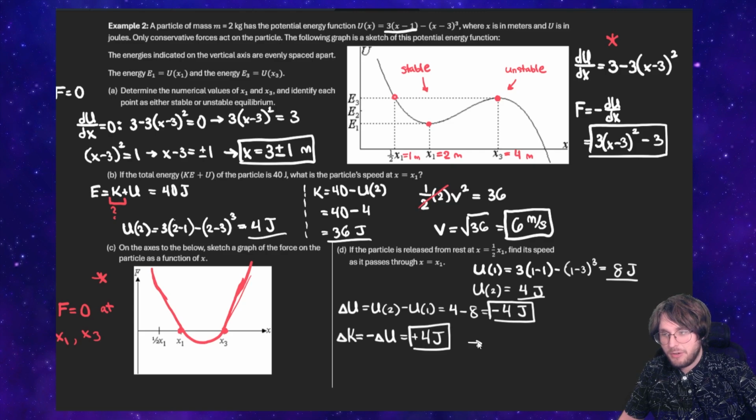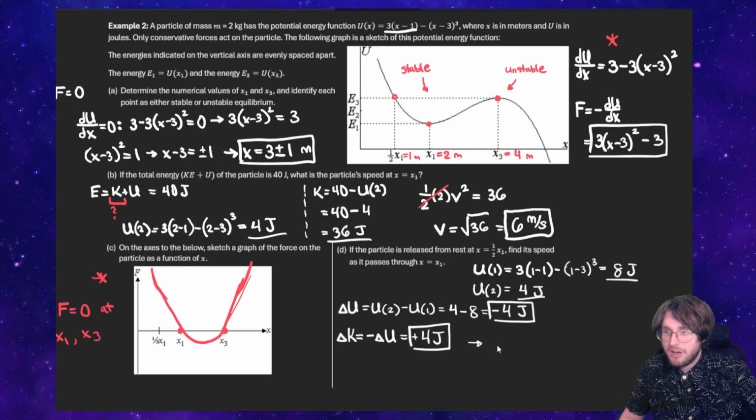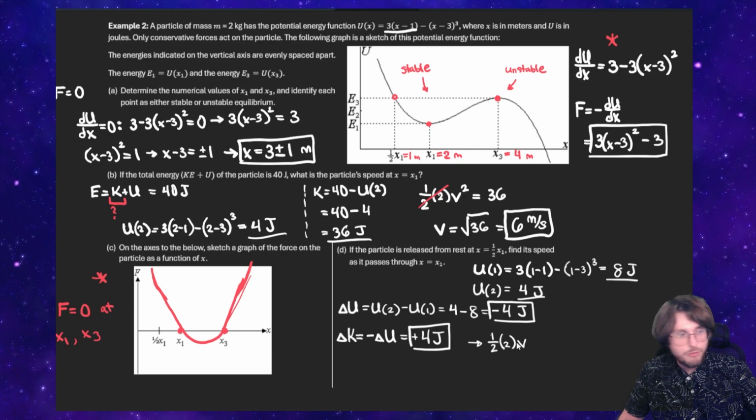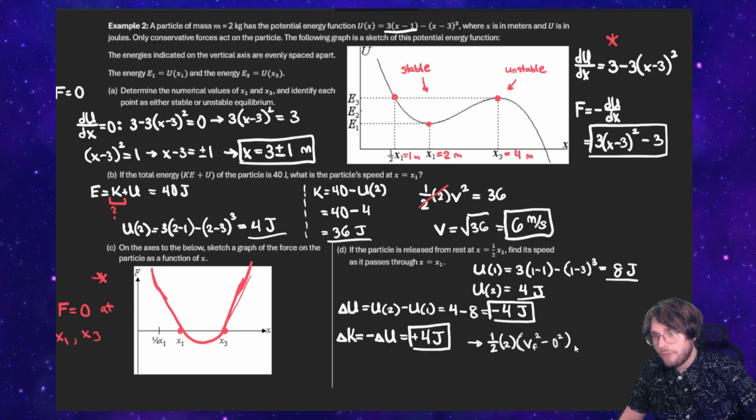Now at this point, we just need to solve for the velocity. So again, like we did back up here, the kinetic energy can be expressed as 1/2 mv squared. So our mass m is 2 kilograms, and we're solving for final velocity. I guess here we'll note it's vf squared minus v initial squared, and because it's starting from rest, we can claim that that is 0 for our initial velocity, and all of that is equal to +4 joules.